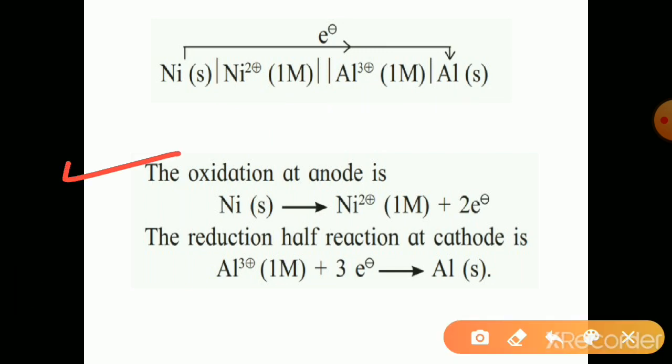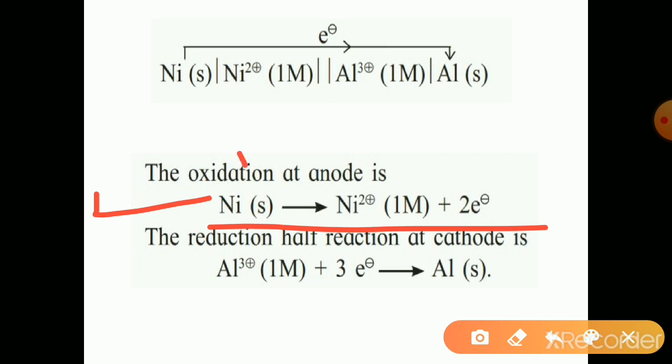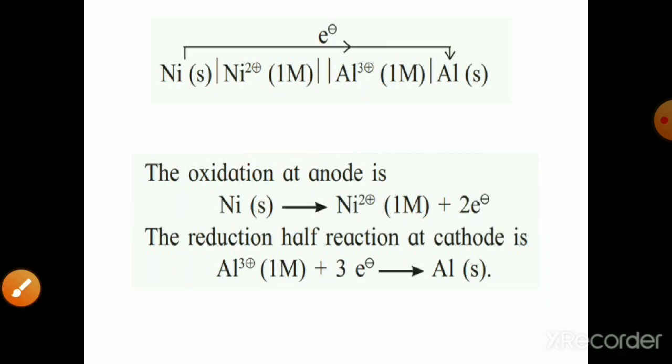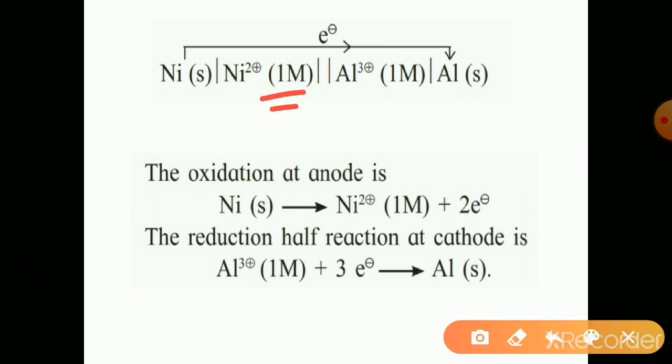The oxidation at the anode, the half cell reaction, is written here. Nickel electrode loses 2 electrons and gets converted into nickel ions. Here the concentration is given, so its concentration is 1 molar and it is in the aqueous state.